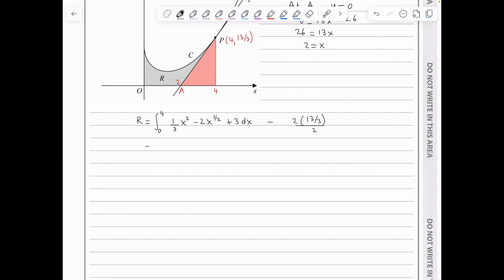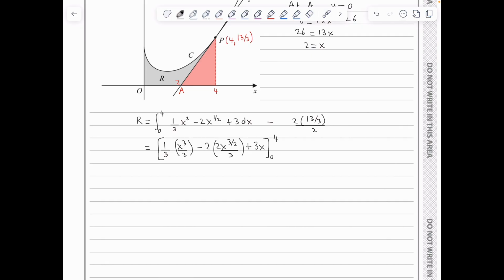So with integration, we increase the power by 1 and we divide by the new power. So it's (1/3) x cubed over 3 minus 2 x to the 3 over 2 over 3 over 2 plus 3x, and the boundaries are 0 and 4.